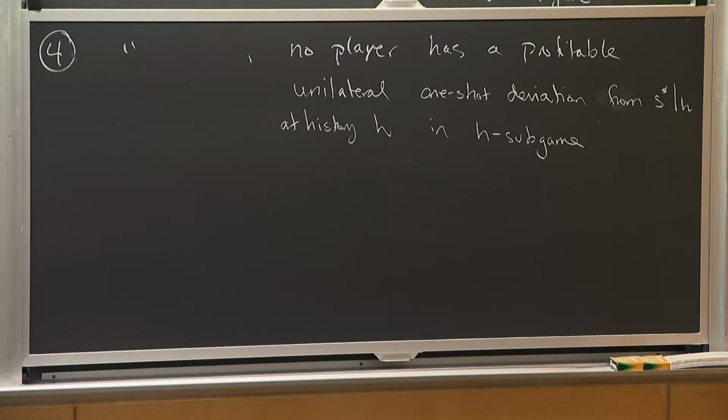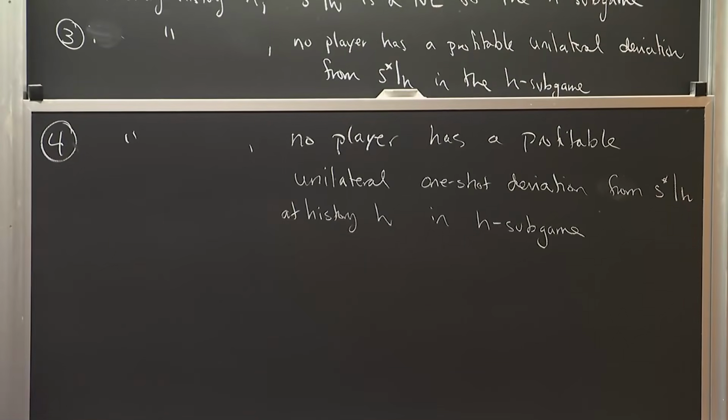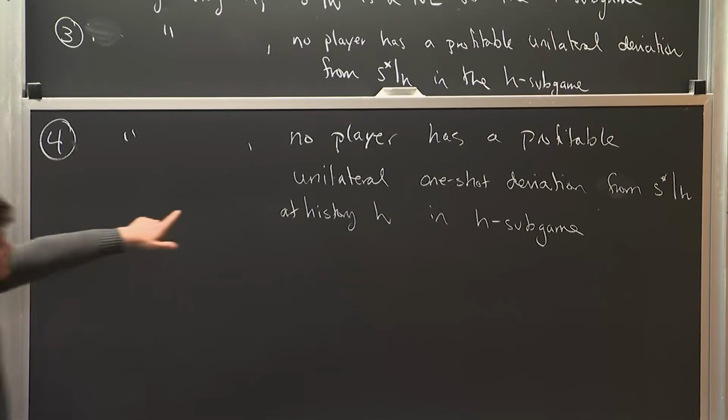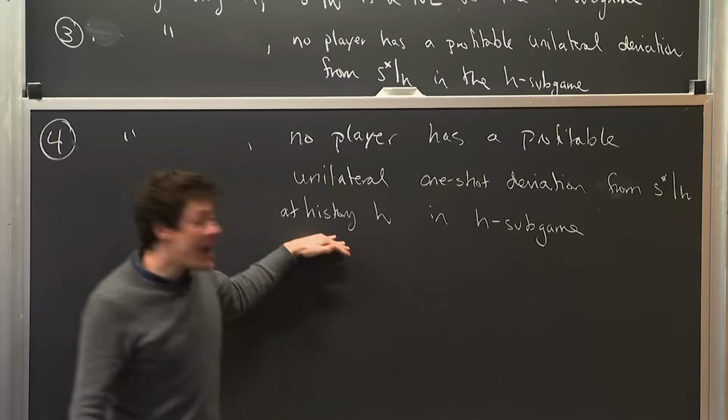So this is where the theorem comes in. Up here, we're just saying no player has a profitable deviation of any kind. It could be a really complicated deviation where they deviate at many, many histories. Statement 4 says, in fact, no player has a profitable one-shot deviation at history H.